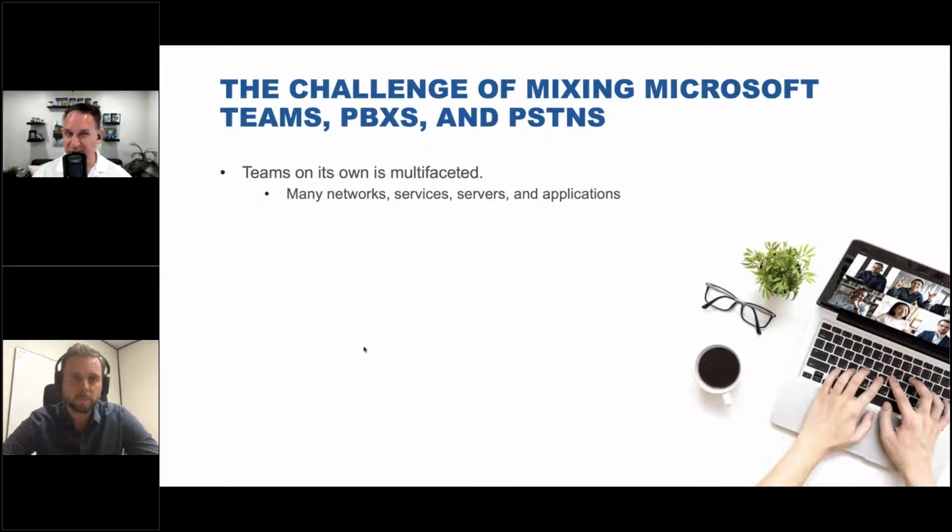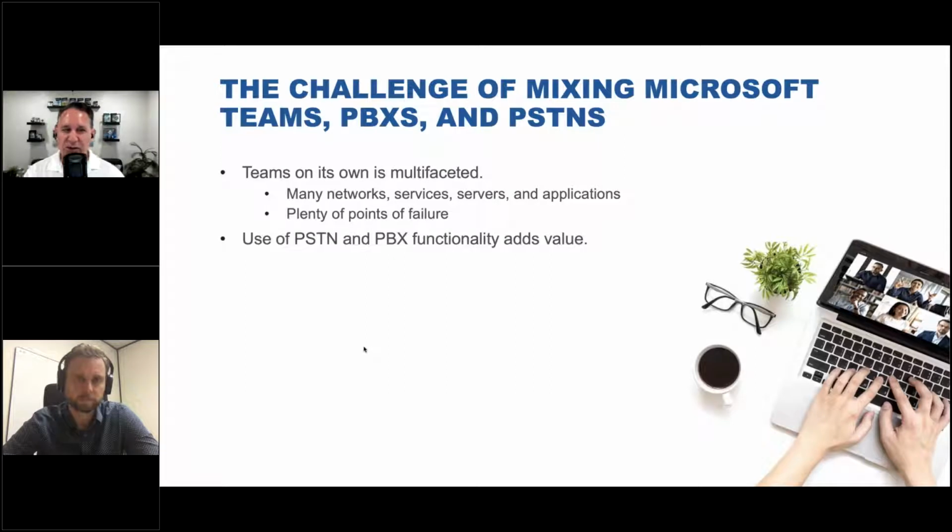So there's a ton of different networks, services, servers, and applications just on the Microsoft side alone. And then there are lots of points of failure, even down to something like authentication to Azure AD that could be the problem keeping someone from getting to Teams. But of course, the help desk ticket's just going to say, I can't get into Teams, which isn't really helpful. That's the idea of why it's so multifaceted.